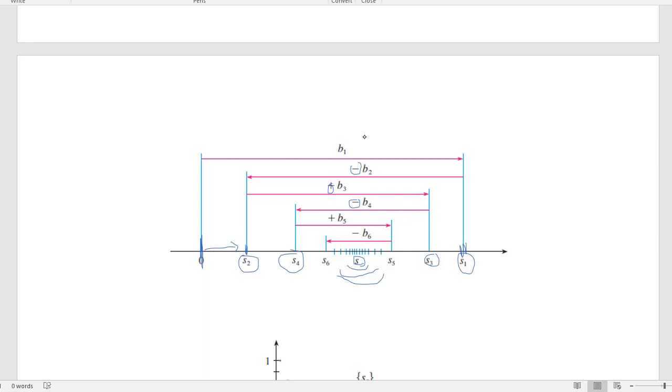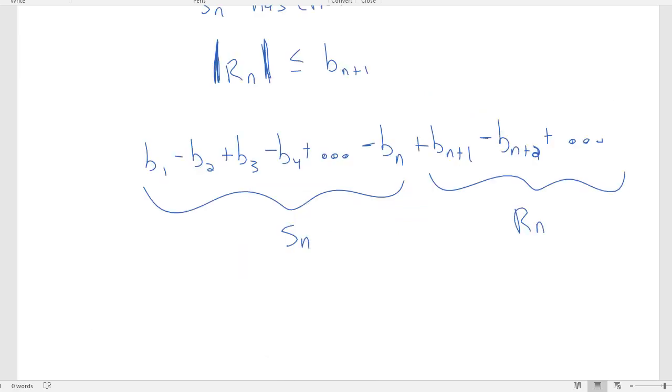So if I look at the first term, when I subtract the next term, that's even smaller. And then I add the next term, and then subtract, and so this sequence of partial sums keeps getting smaller and smaller. When I look at all of these remaining terms, starting at b sub n plus 1, as I add more and more, that sequence of partial sums oscillates back and forth.